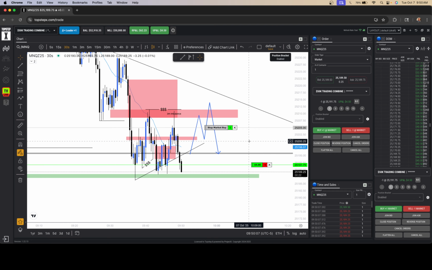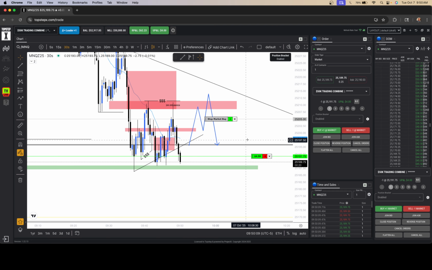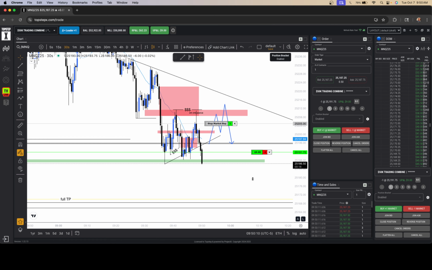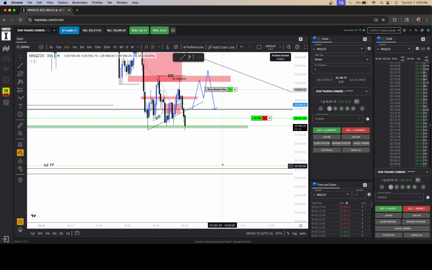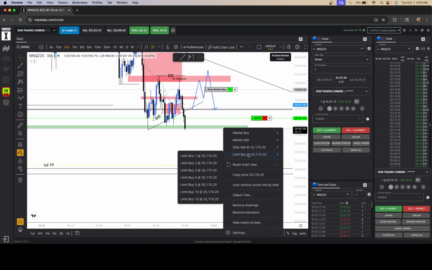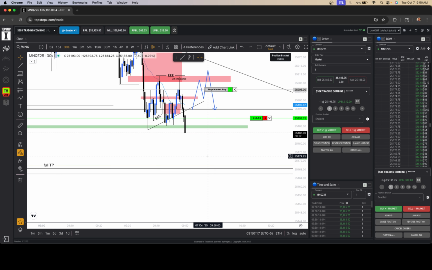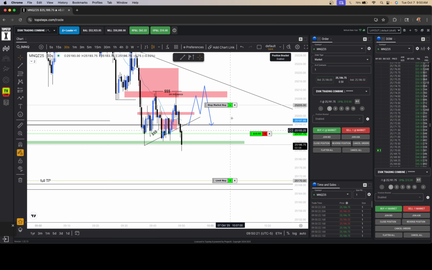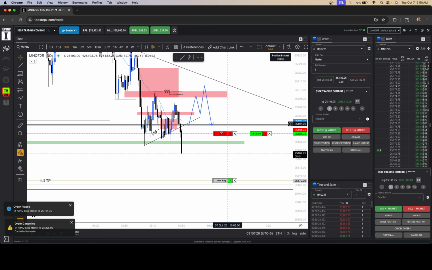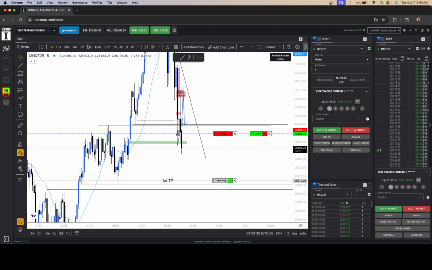Kind of risking all the profits for the day that we have made. But we have the potential to hit this full TP down here as well. So we can now set that to break even. We could give it more breathing room if we want to.